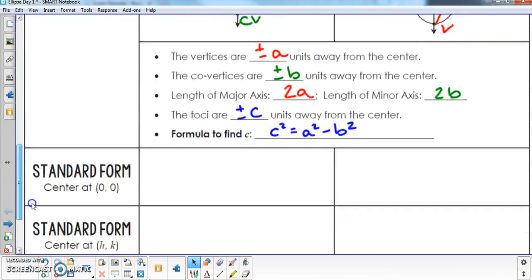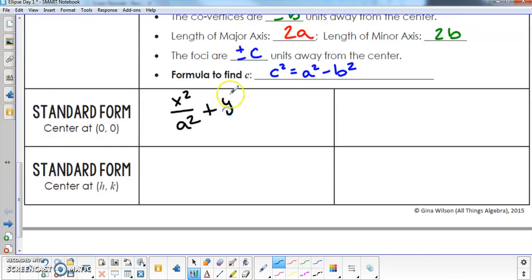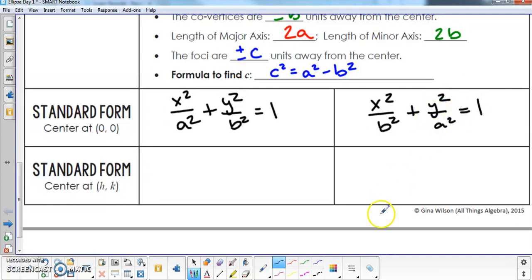So now, looking here, we've got all of our standard forms. This one's going to be x squared over a squared plus y squared over b squared equals 1. And here I've got x squared over b squared plus y squared over a squared equals 1.